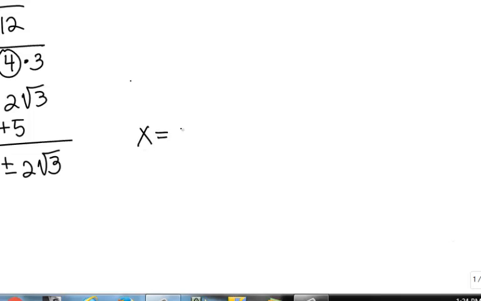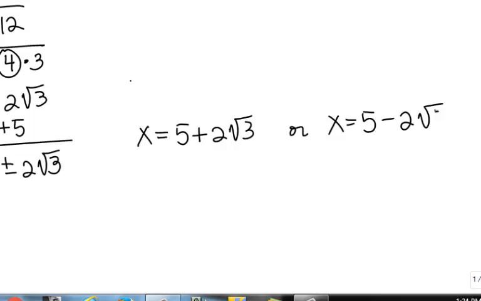There's one answer that says x equals 5 plus 2 radical 3, or x equals 5 minus 2 radical 3. So on your calculator, put in 5 plus 2 square root of 3. And then if they said nearest hundredth, what, 8.46, you agree with that?